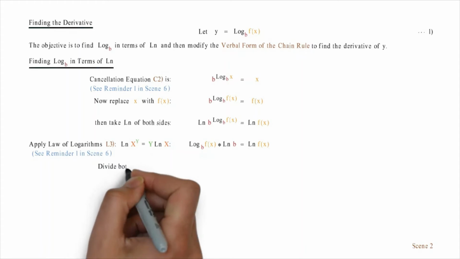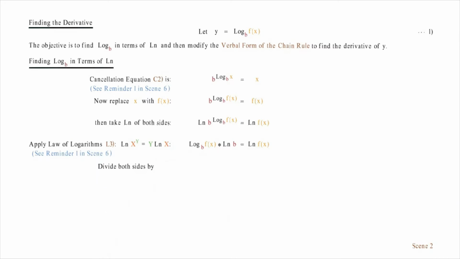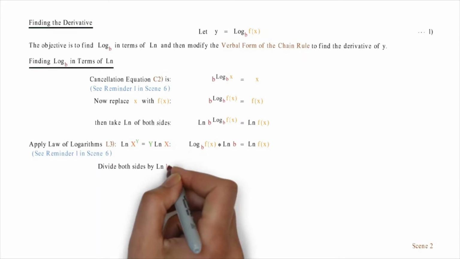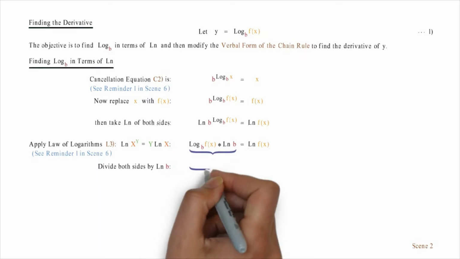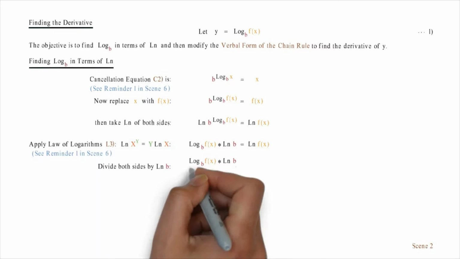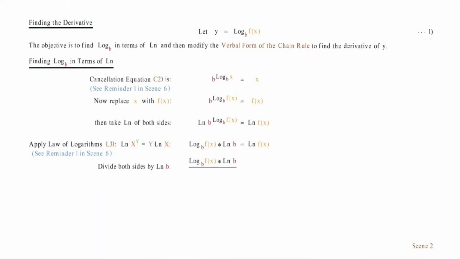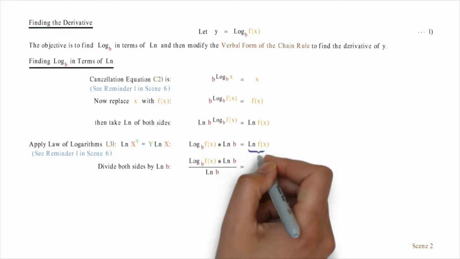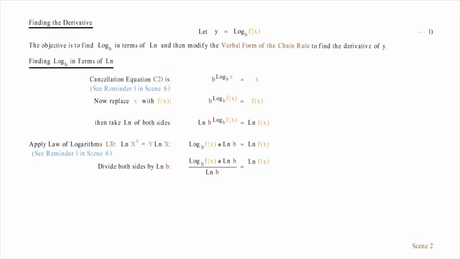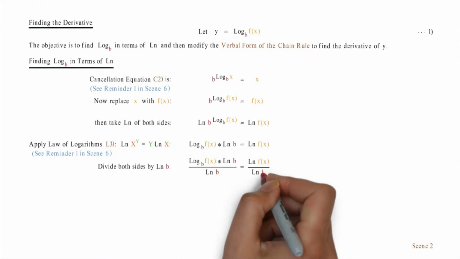Divide both sides by ln of b. Log base b of f of x times ln of b divided by ln of b equals ln of f of x divided by ln of b.